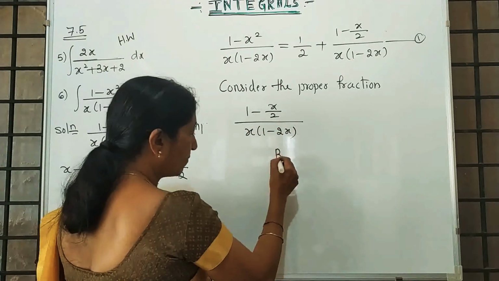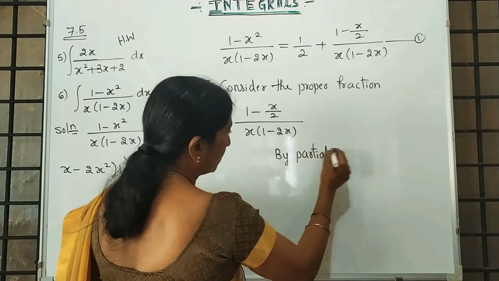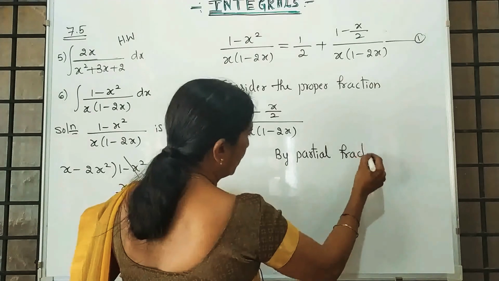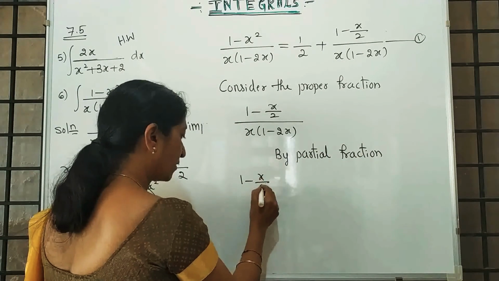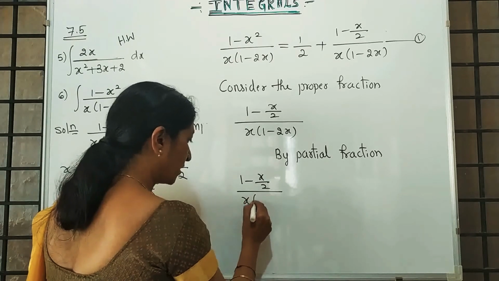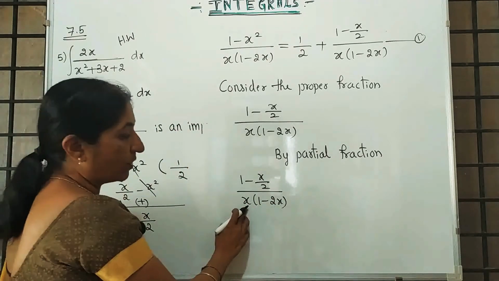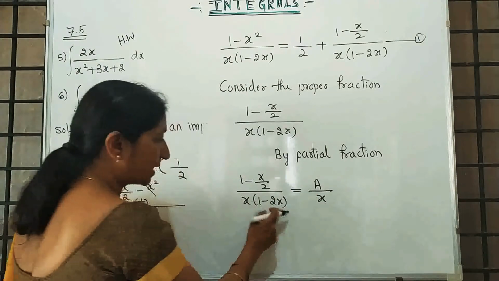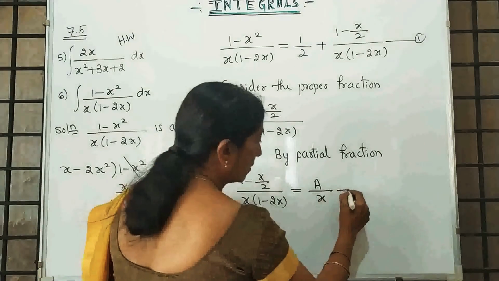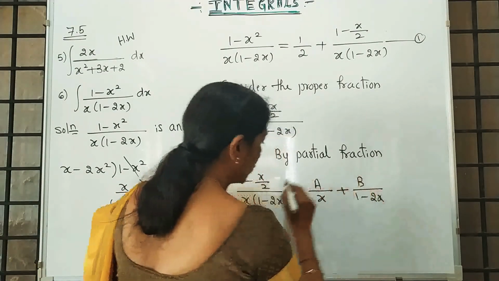Now by partial fraction, 1 minus x by 2 upon x into 1 minus 2x. X is also a linear factor, so it is A upon x. The next linear factor is 1 minus 2x, so B upon 1 minus 2x. Two different linear factors.